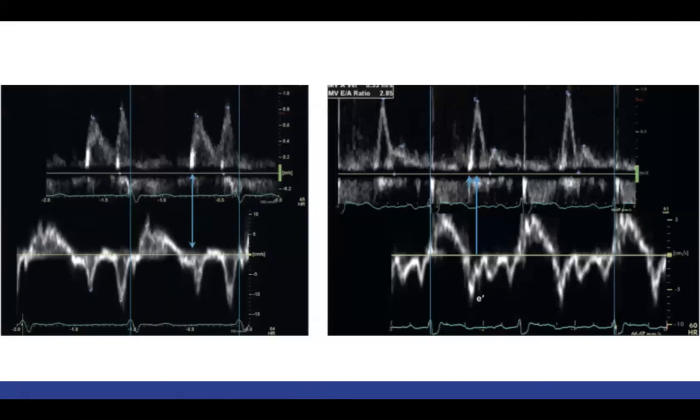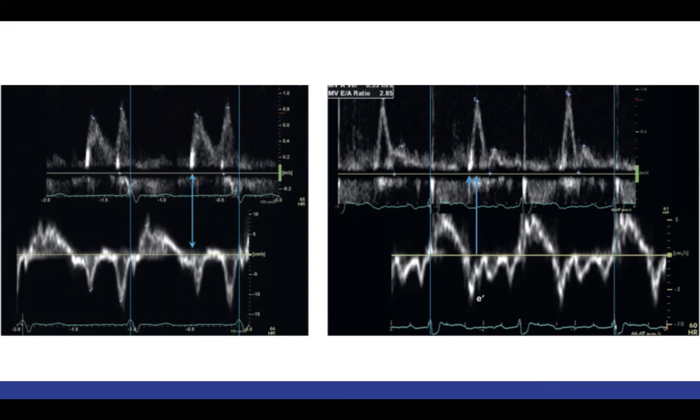And the third thing that you should keep an eye on, that we discussed last time, but we'll go over it here also. In a normal situation, in diastole, the low LV pressure is sucking blood from the left atrium, and that causes the blood flow and the filling of the LV. In the abnormal case, if there's diastolic dysfunction, it's more the left atrial pressure pushing the blood towards the LV, and not the LV sucking the blood from the left atrium.